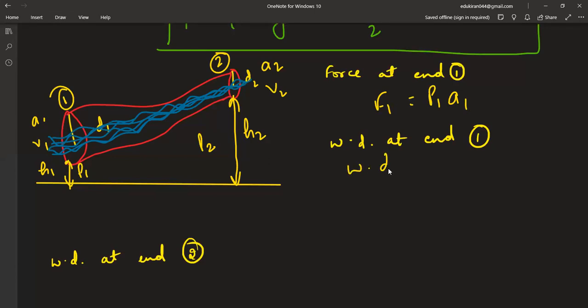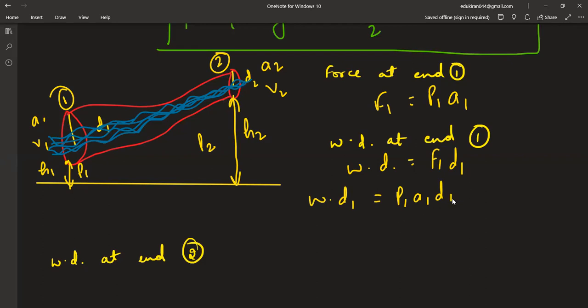Similarly, work done is force into distance. Distance is D1. So we can say work done 1 is F1 into D1, that is P1 A1 into D1.